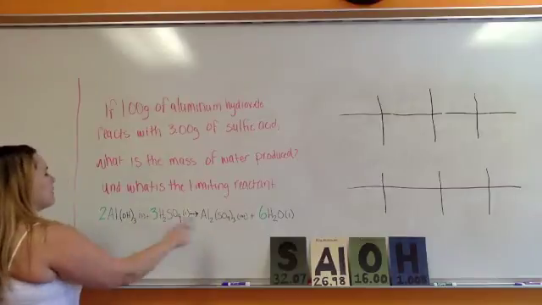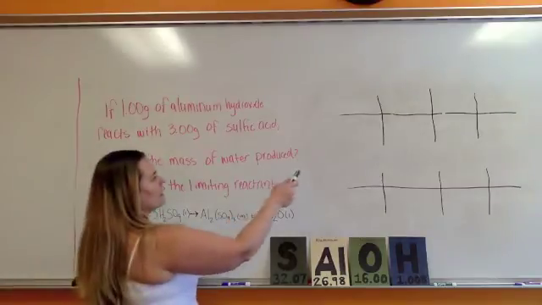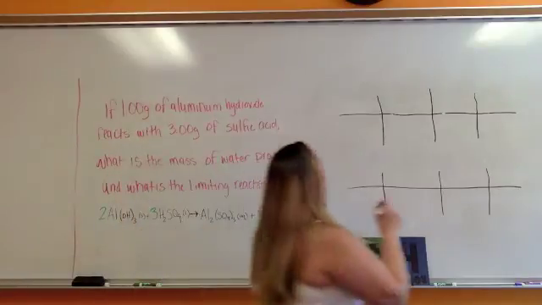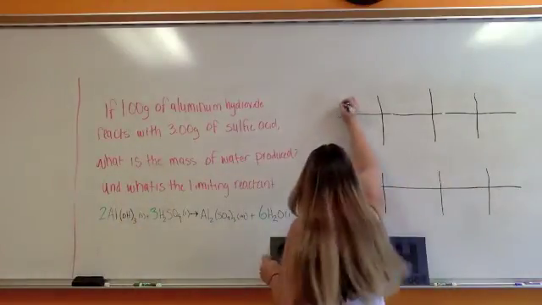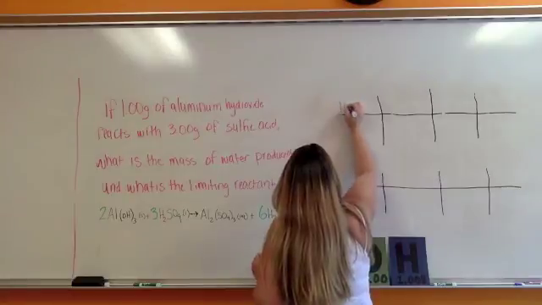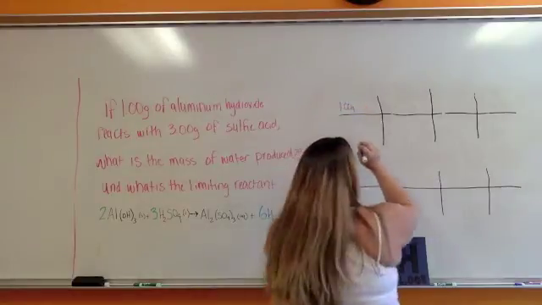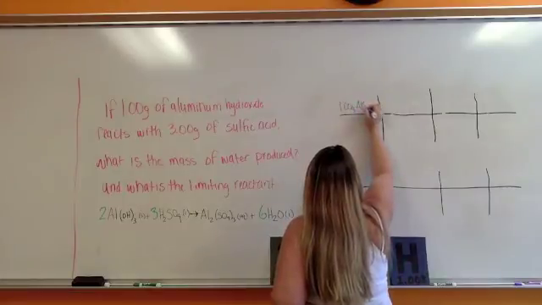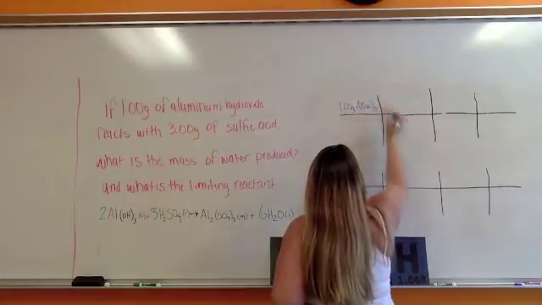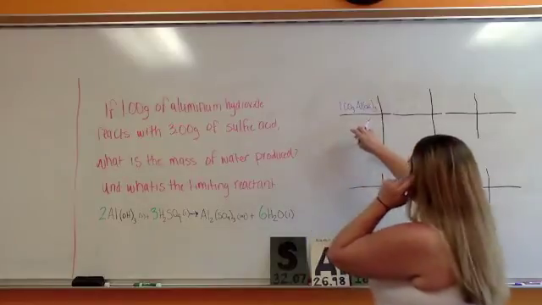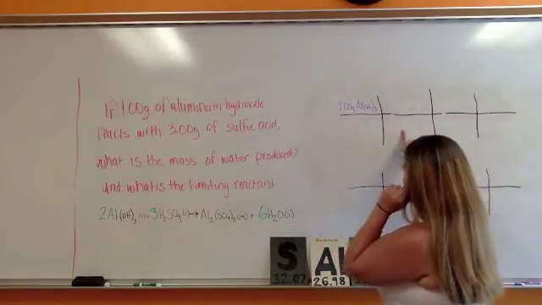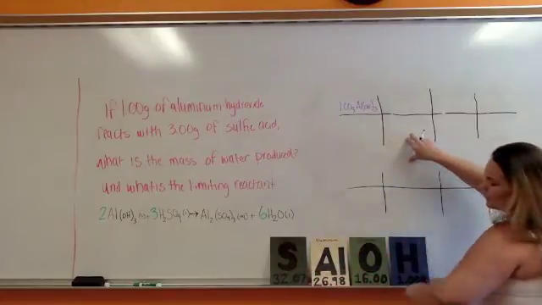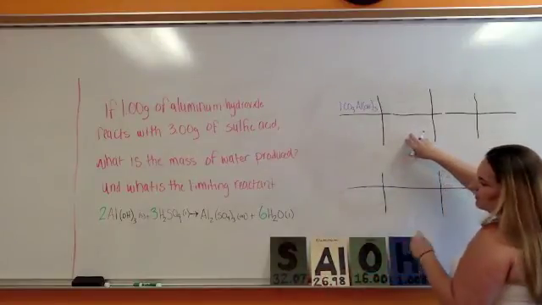So now that I have my equation balanced, I can start to do my conversion factors. First thing I'm going to do is start with 1 gram, and we're working with aluminum hydroxide. Now here I'm going to have my molar mass, which we can get off the periodic table, and you can find those on any periodic table.